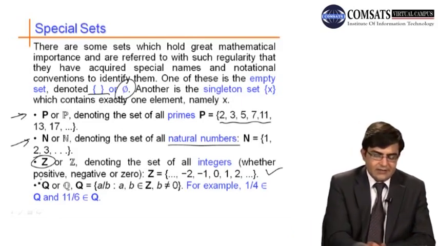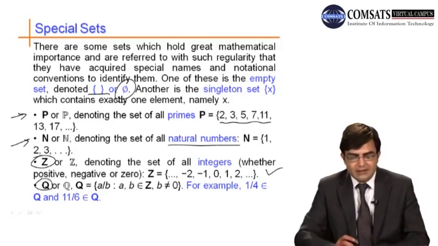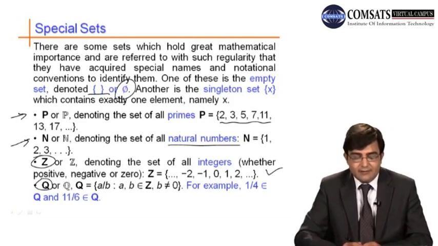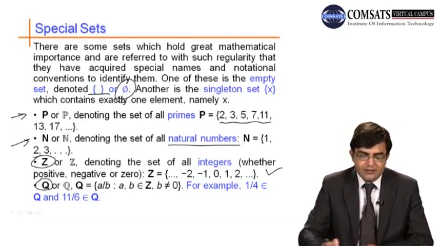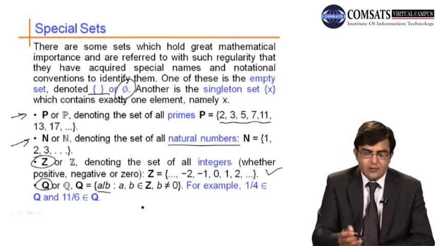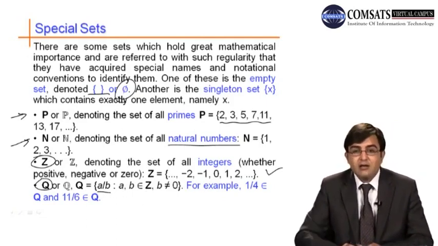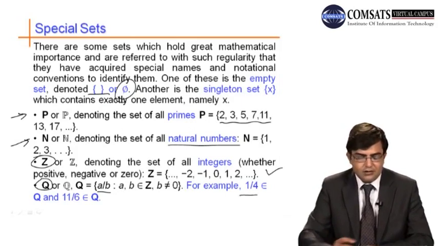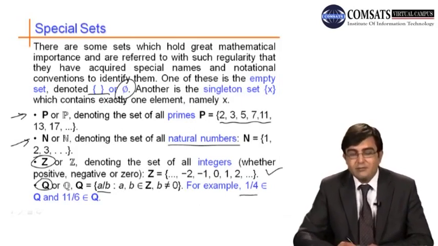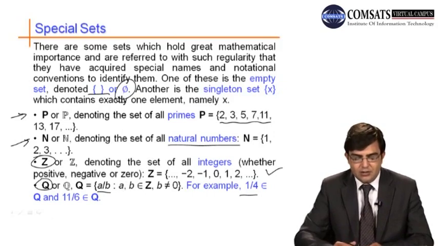Another set is Q. Basically, Q is the set of rational numbers. It is always denoted by capital Q, which contains numbers of this type, a by b, where a, b are integers and b must not be 0. For example, 1 by 4 belongs to Q and 11 by 6 belongs to Q also.